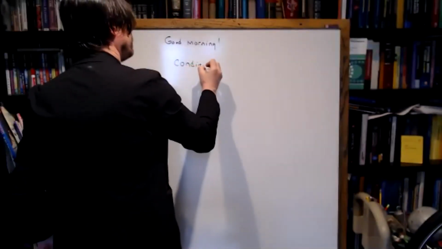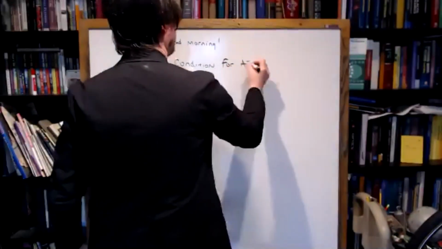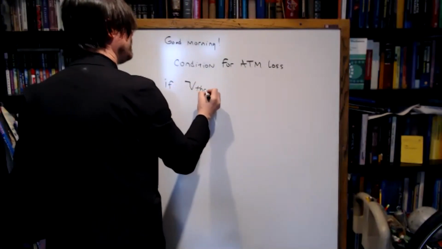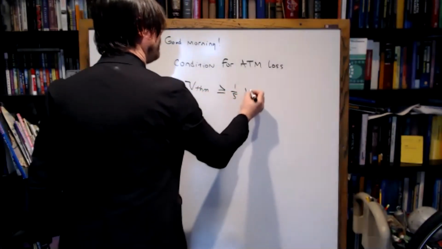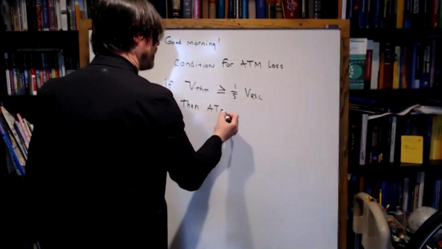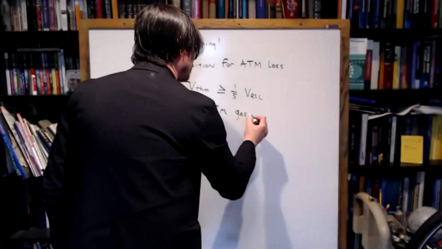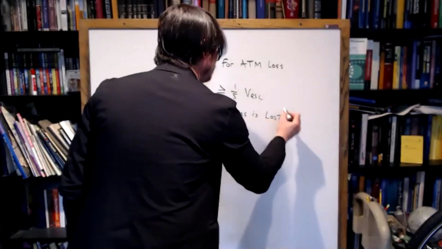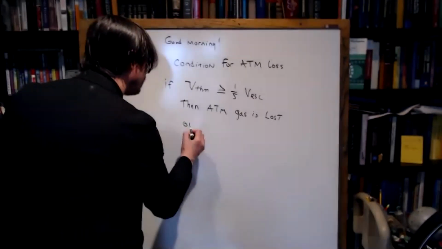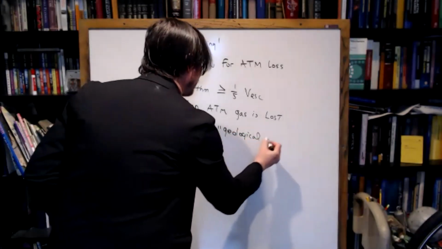The condition for atmospheric loss is if your thermal speed is greater than or equal to 1/5 of your escape velocity, then your atmospheric gas species, like oxygen or nitrogen or whatever it is, is lost, not in 5 minutes, not in 25 seconds, but over a geological time scale.